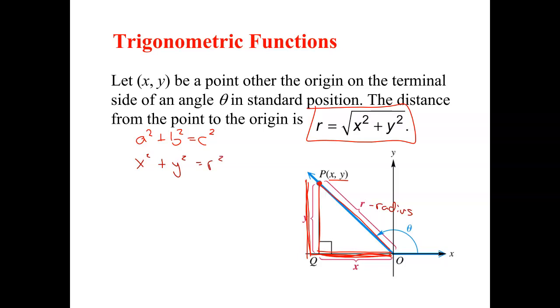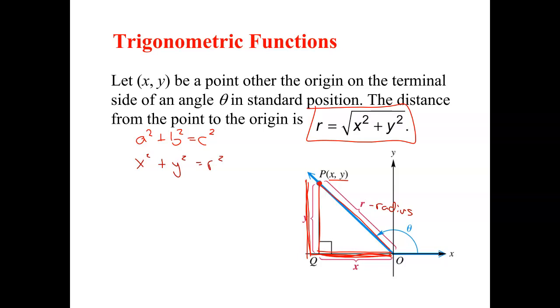So a squared plus b squared equals c squared becomes x squared plus y squared equals r squared. Same theorem, different letters. Anyone that's spent a significant amount of time with trigonometry knows there are a lot of different formulas that show up that are just the Pythagorean theorem written in a different way.